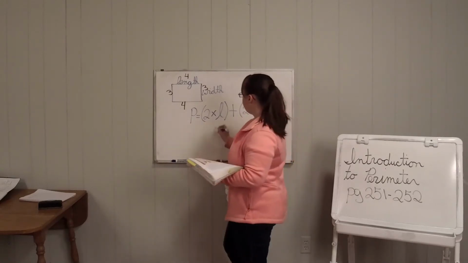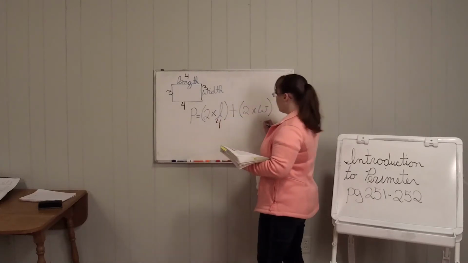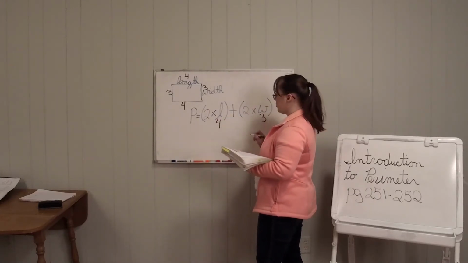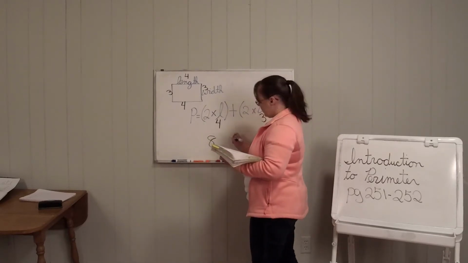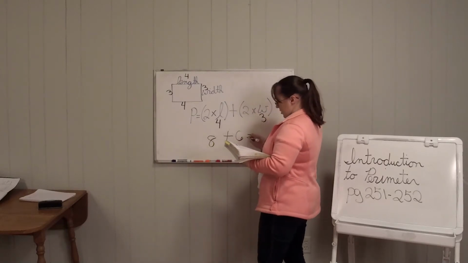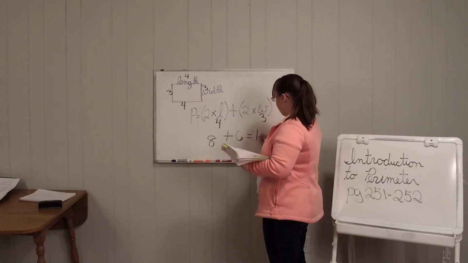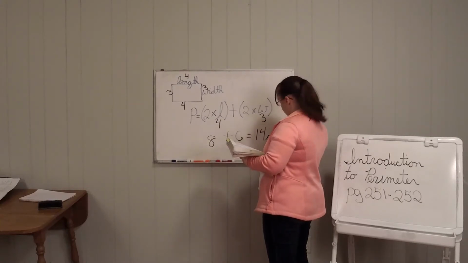So the length is 2 times 4. Width is 2 times 3. 2 times 4 is 8. Plus 2 times 3 is 6. So the perimeter is 14, and it was actually meters.